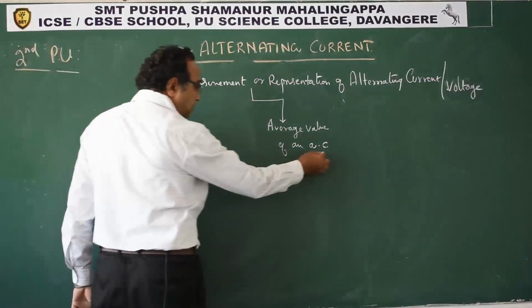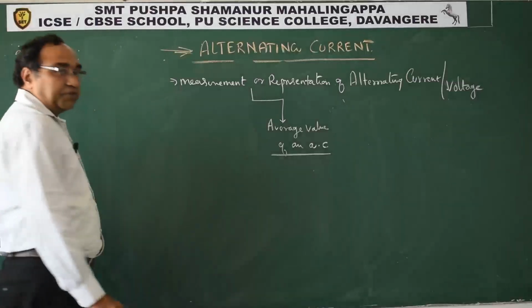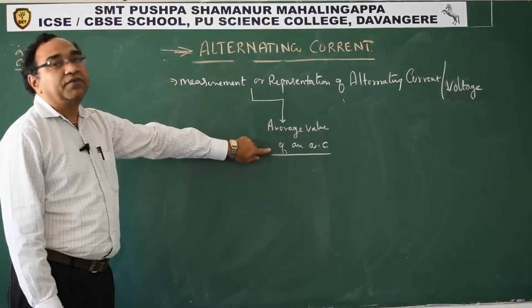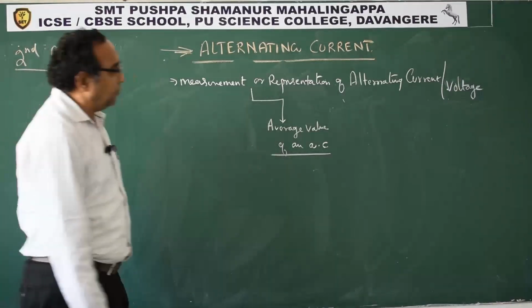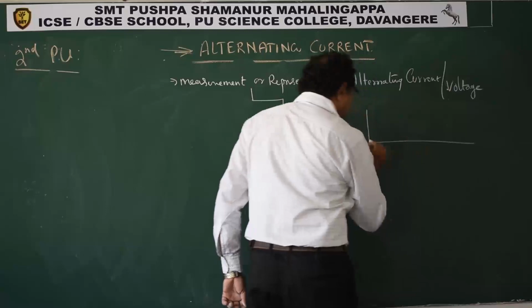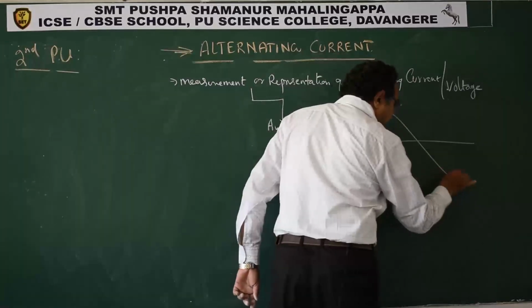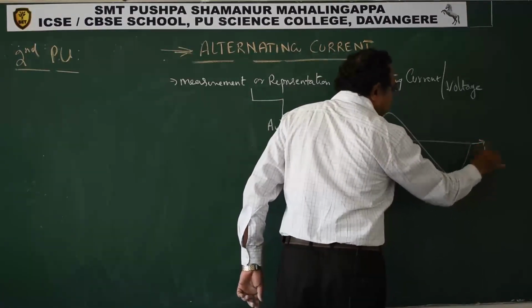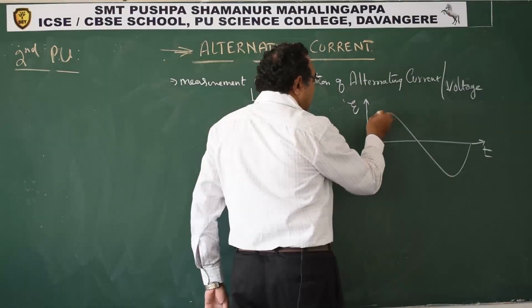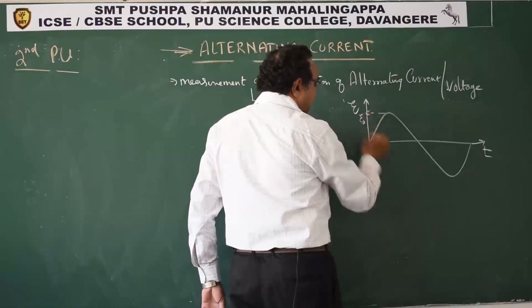Now students, let us see what is the meaning of average value of an AC. If we see the graph or the variation is like this. This is E naught, correct?